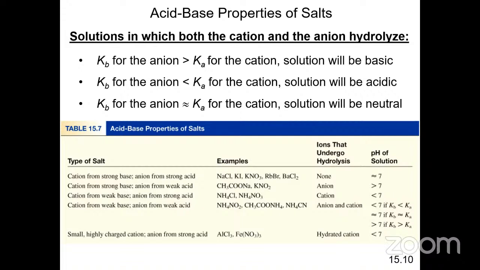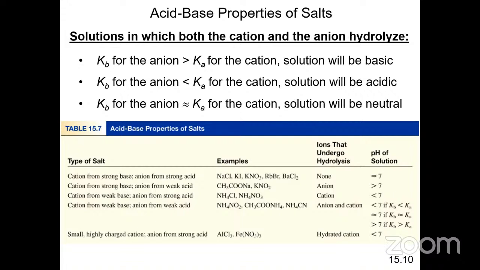And then the last one, which is a kind of special category: if the cation is a metal ion which is highly charged and small, in other words, as I said before, has a high charge density, and the anion is from a strong acid, then the resulting solution will be acidic. In other words, the pH would be less than 7.